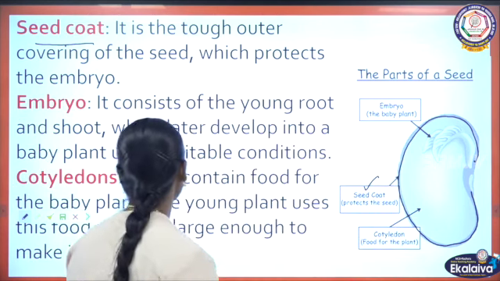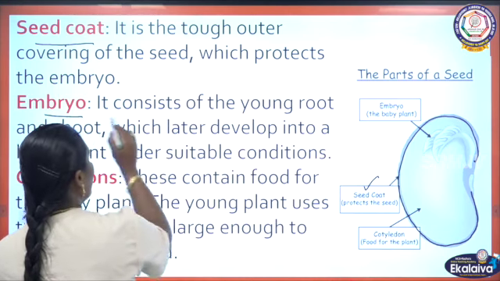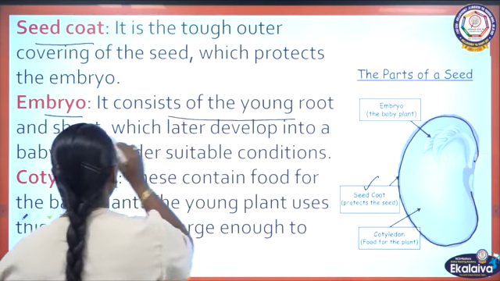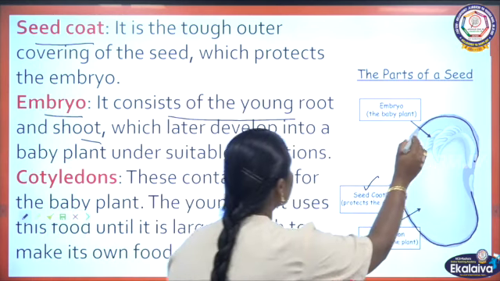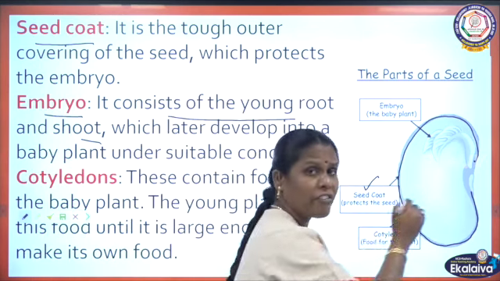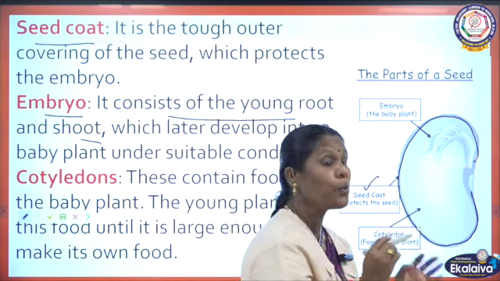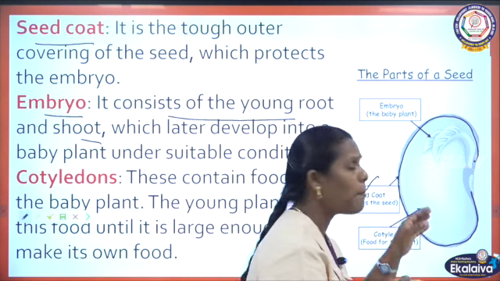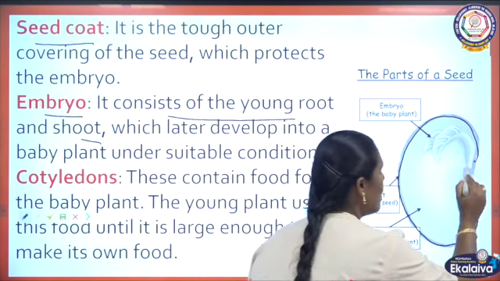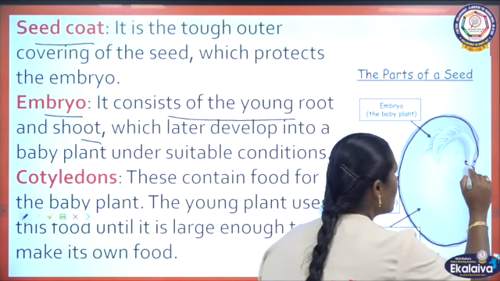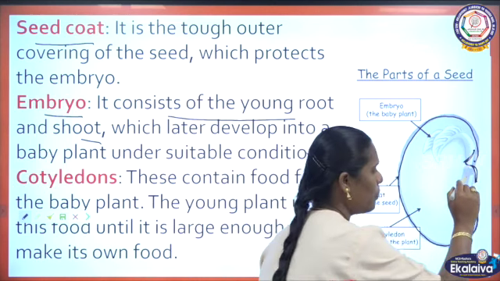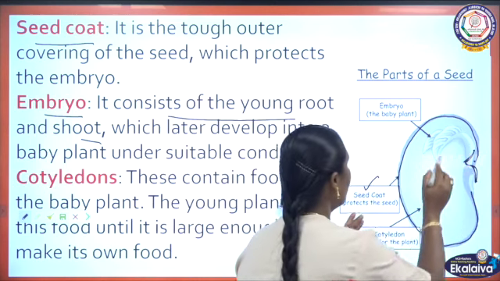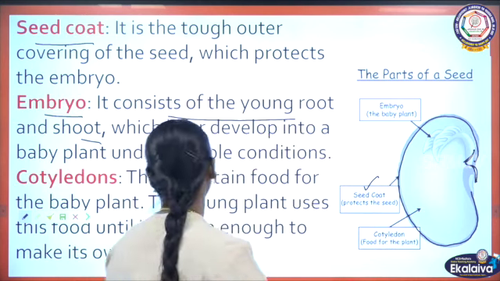The next part, embryo. It consists of young root and shoot. Here it consists of the young root. First the root will appear in the seeds. That root is called radicle, and the shoot is called plumule. So it is present in the embryo.